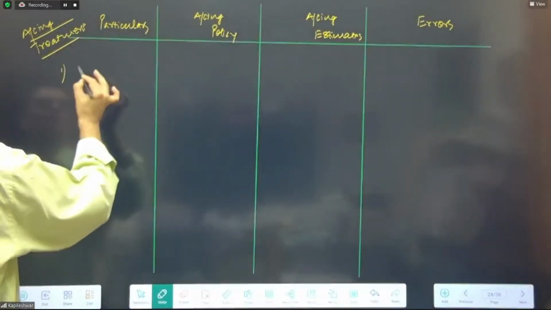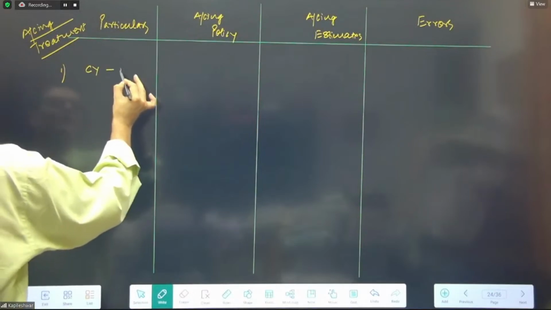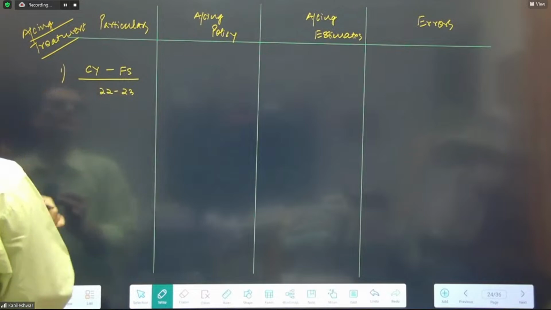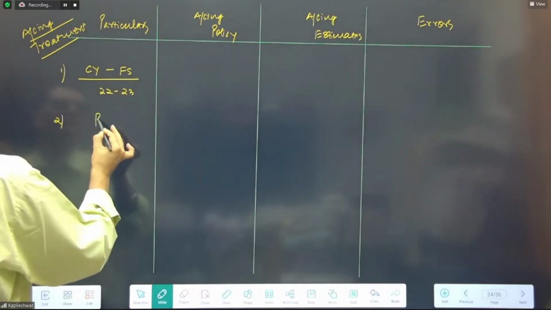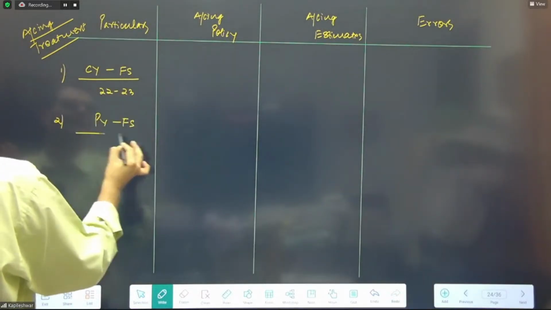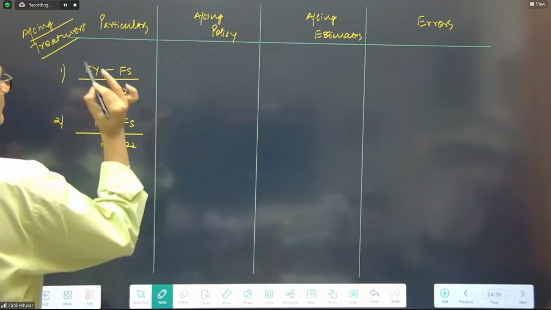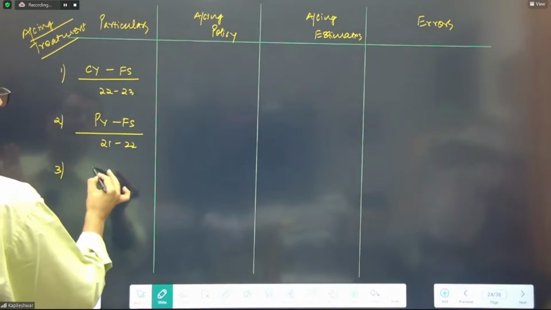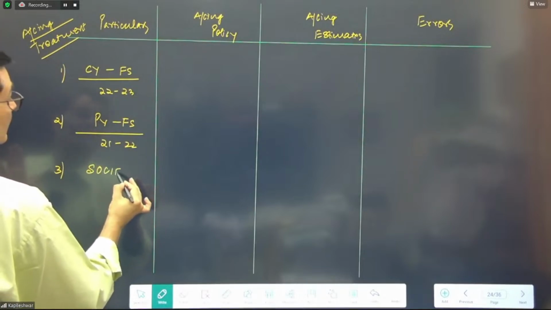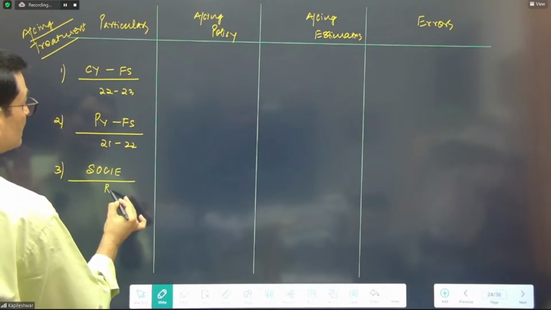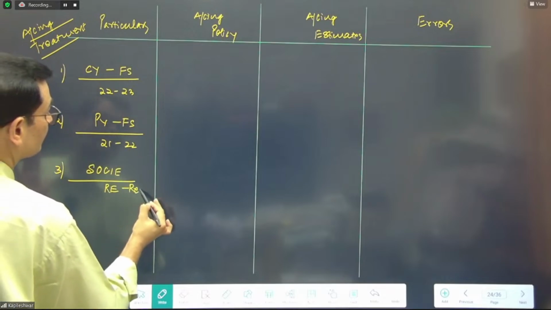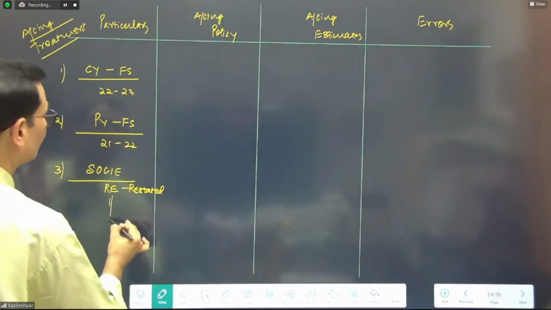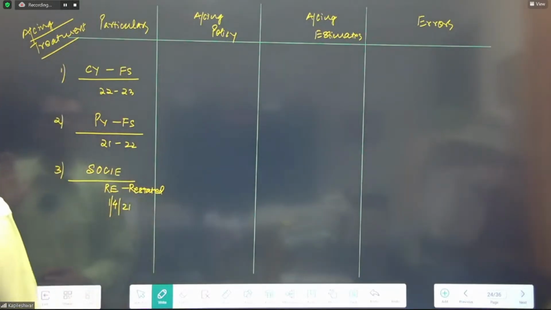I'm looking at number one, the current year financial statements for the year 22-23. I'm looking at the previous year financial statements, that is 21-22. I'm looking at the SOKI, the retained earnings being restated on 1st April 21.